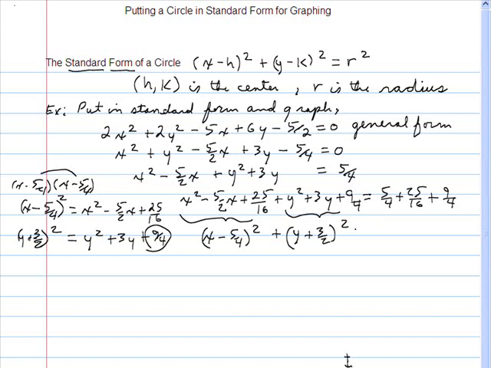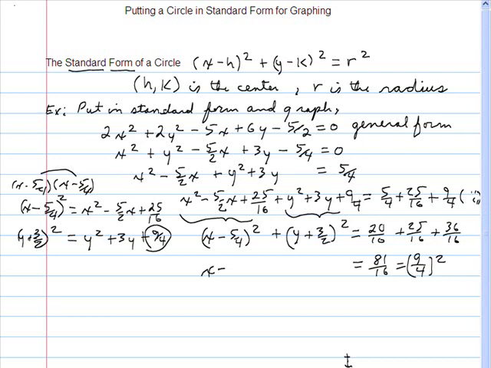On the other side, I need 16ths for a common denominator so I can add this up. So I call this 20/16 plus 25/16 plus, multiplying this by 4/4, 36/16, which is a total of 81/16, or (9/4) squared. So my r is going to be 9/4.